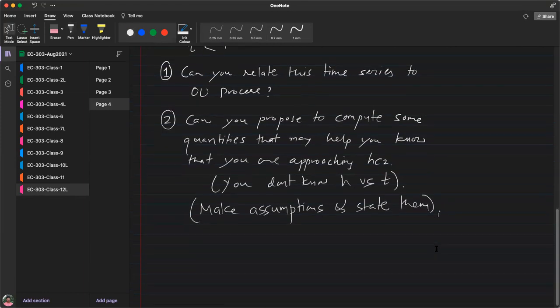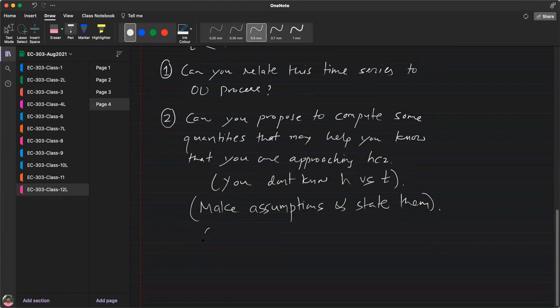I'm not expecting any new calculations, but linking what you have learned and what you know. Is it fine?